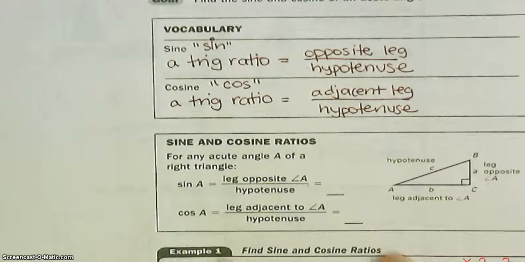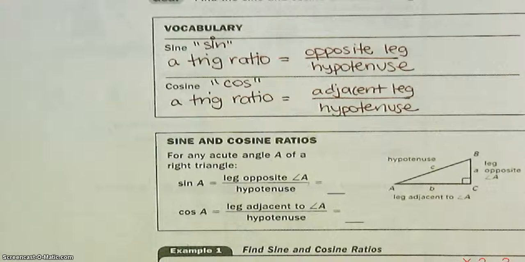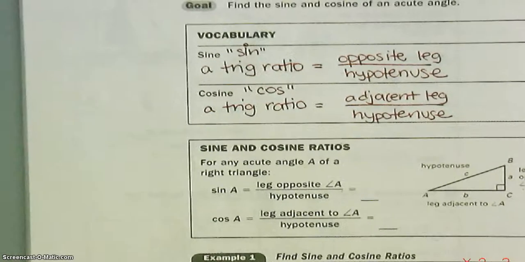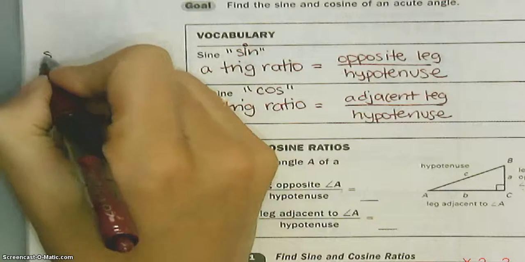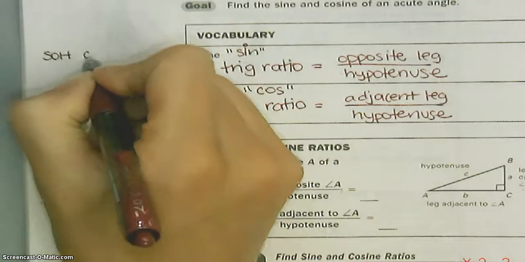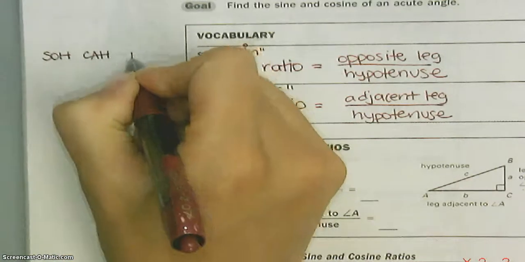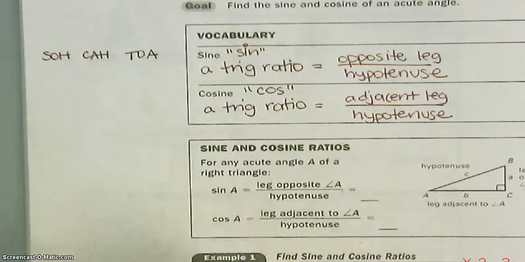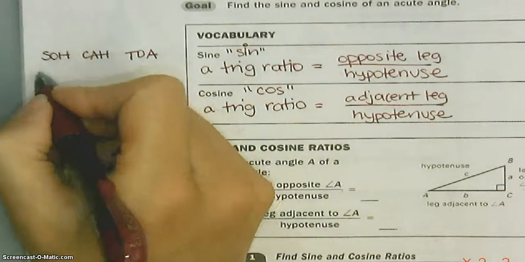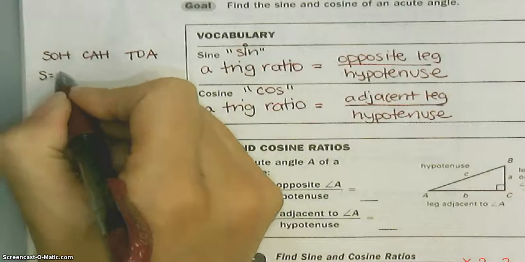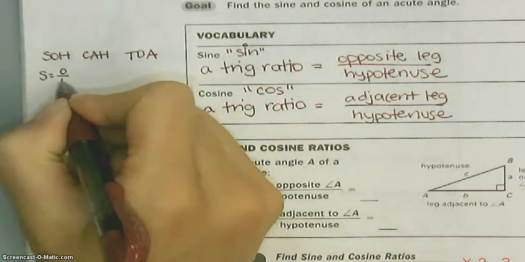So let's practice here. I'm going to give you a way to remember this. A memory device that I like to use is called SOHCAHTOA. If you can remember SOHCAHTOA, you can remember what goes with what. SOH is for sine, because sine is opposite over hypotenuse.